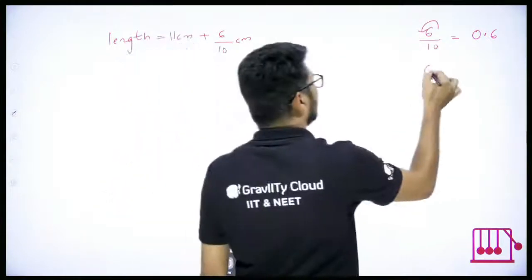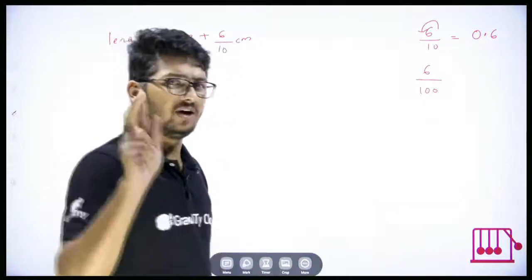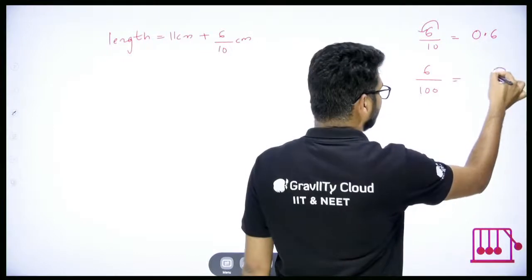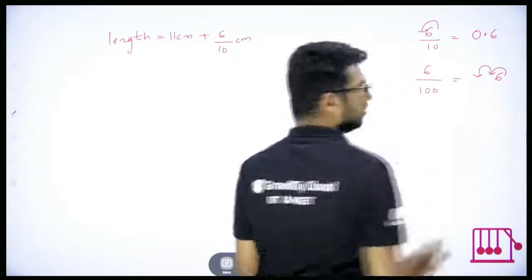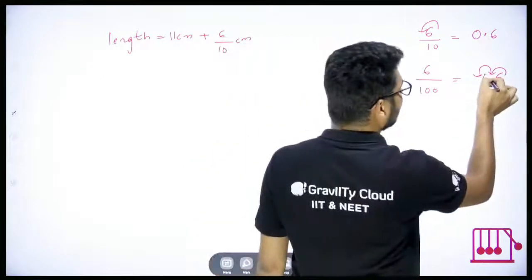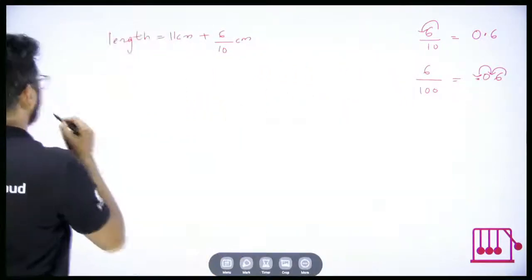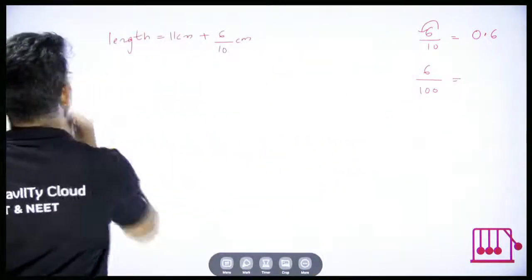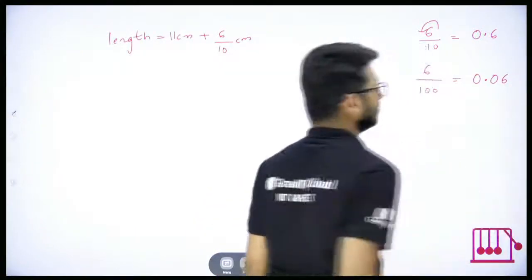Again, let's say, sir, what about 6 by 100? How many zeros do we have? 2 zeros. 100, 2 zeros, right? You're dividing. So what you will do is, from 6 you shift 1 and then you shift again. So here you write 0 and a decimal. That means you will write it as 0.06.